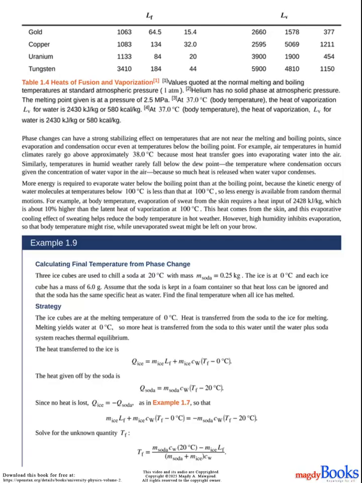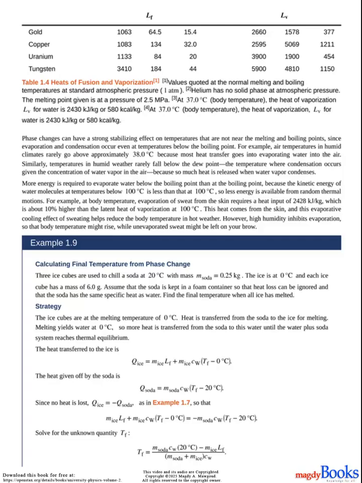The heat transferred to the ice is Q_ice equals m_ice L_F plus m_ice c_W (T_F minus 0 degrees Celsius). The heat given off by the soda is Q_soda equals m_soda c_W (T_F minus 20 degrees Celsius).